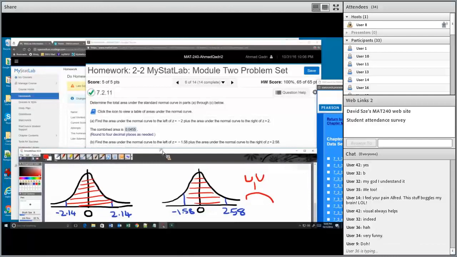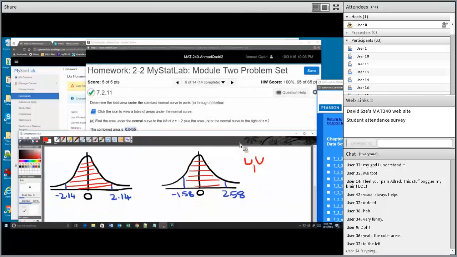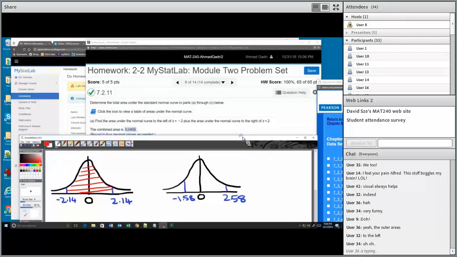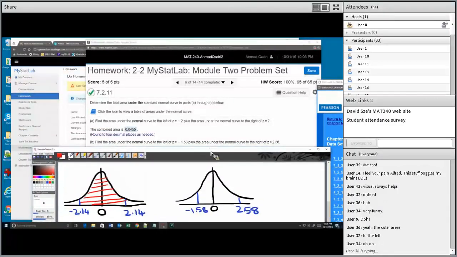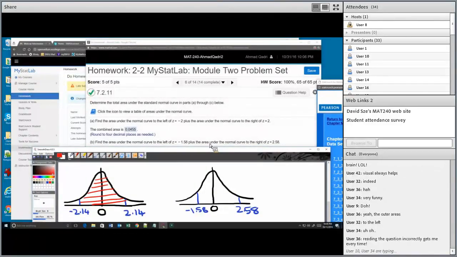The question said, find the area under the normal curve to the left of minus 1.58 plus the area under the normal curve to the right of Z 2.58. So see, they're asking for a different area. So let's stop here for now. So you have to help me highlight the right area. I promise I wasn't trying to trick you. I actually did not read the question myself.